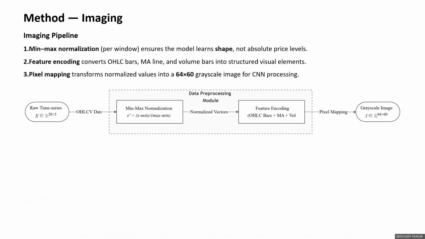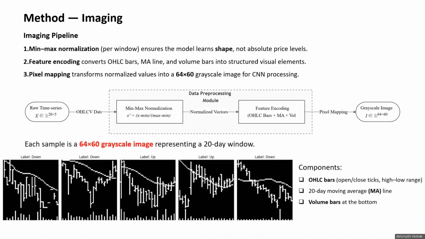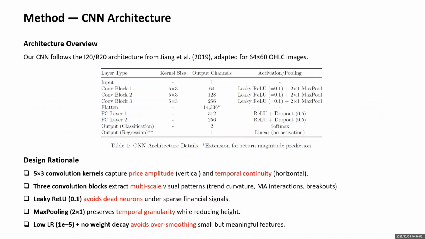Finally, pixel mapping turns these normalized values into compact images. Below are a few examples. This captures the core elements of technical analysis, price action, trends, and volume, which is exactly what the CNN learns from.